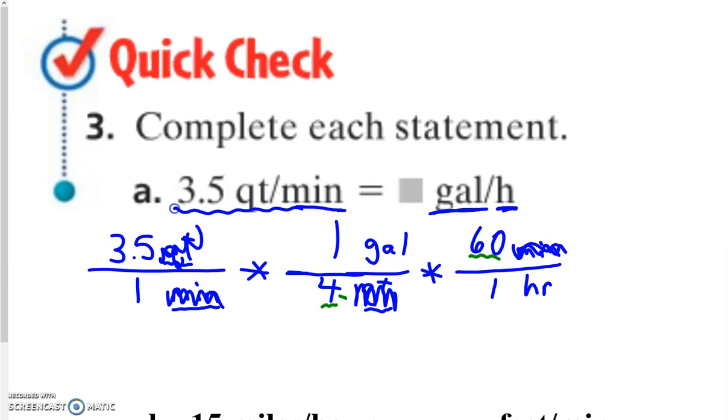I'm going to divide them both by 4. 4 divided by 4 turns into 1, and 60 divided by 4 turns into 15. Looks like I'm ready to multiply. Going across the top, I have 3.5 times 1, and then I need to take that times 15. Going across the bottom, well, that's easy, 1 times 1 times 1. So maybe I've got to set up a side problem for 15 times 3.5.